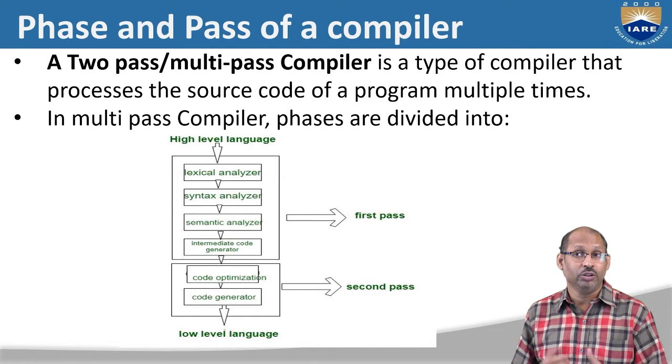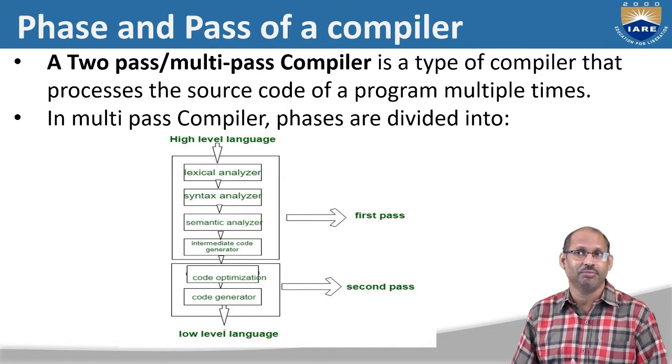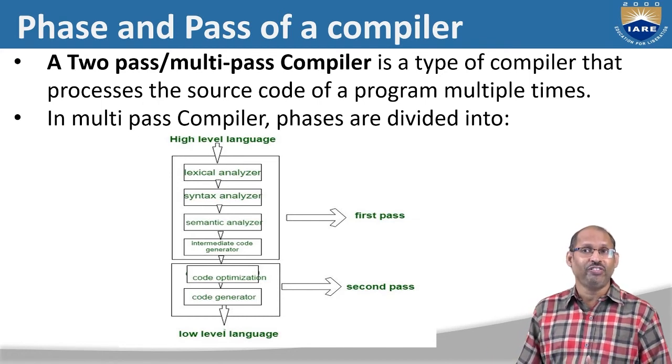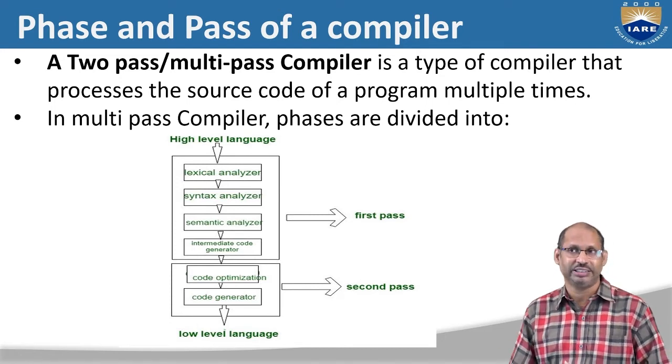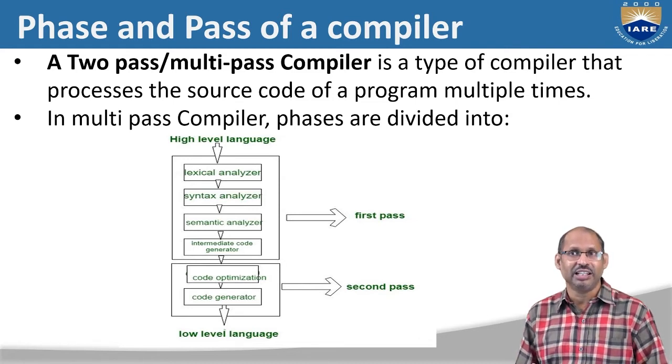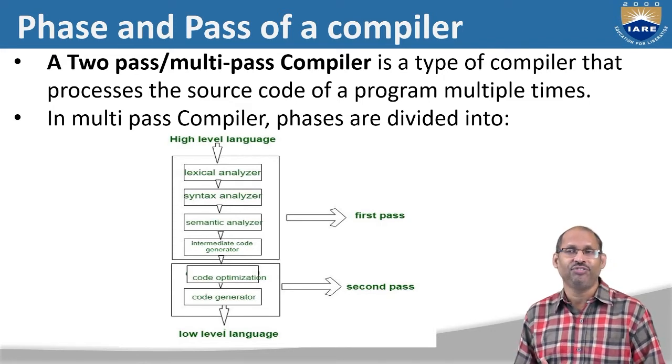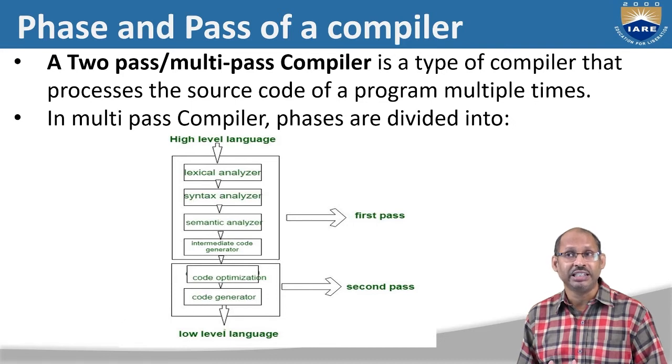A two-pass compiler, a multi-pass compiler, we can divide as shown in the diagram. We know there are 6 phases of a compiler, but the initial 4 phases we see as the first pass, and the remaining 2 phases, code optimization and code generator, we use as the second pass. The lexical analyzer, syntax analyzer, semantic analyzer, intermediate code generator: these four phases are the first pass.